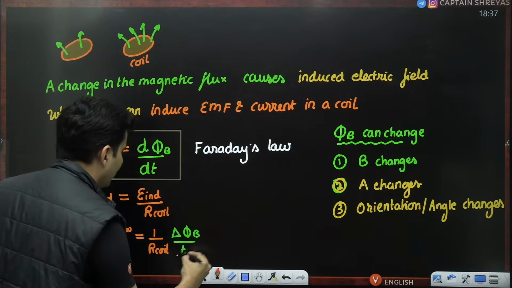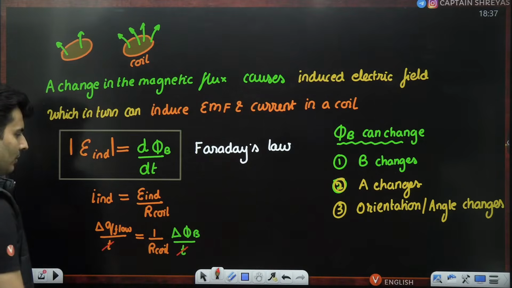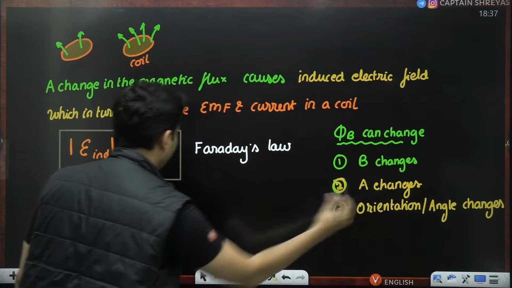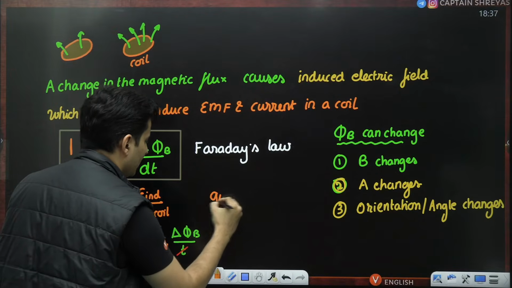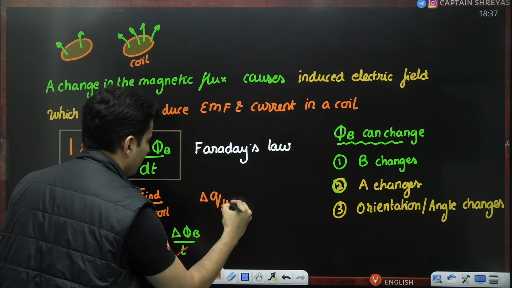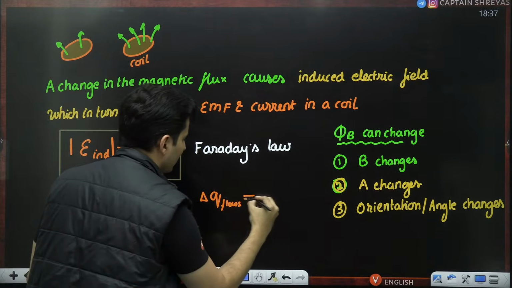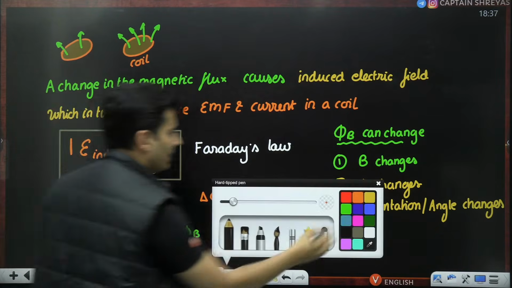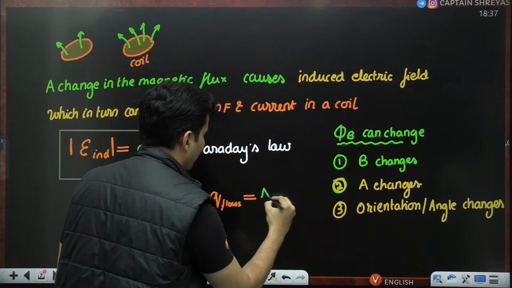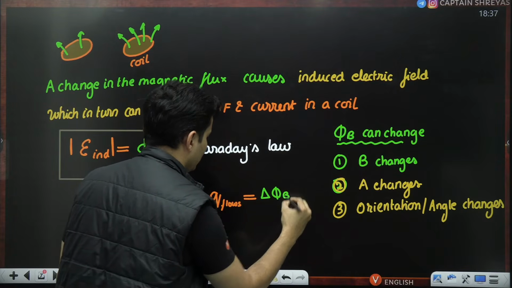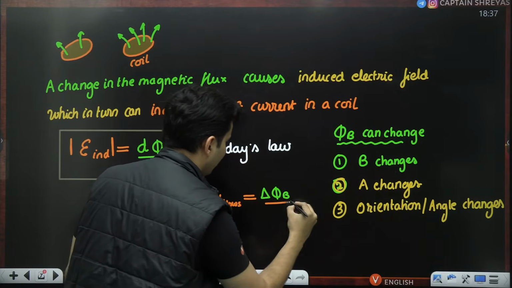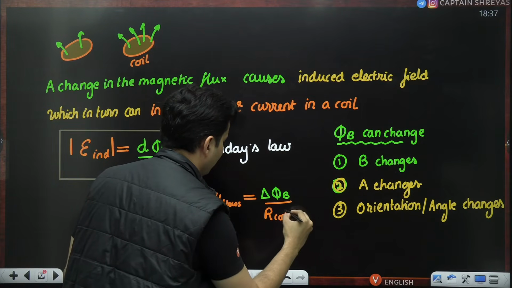You will see that the time will get cancelled on both the places, and you will be left with the amount of charge which flows inside that particular coil will be nothing but how much ever the flux changed inside the coil upon the resistance of that particular coil.